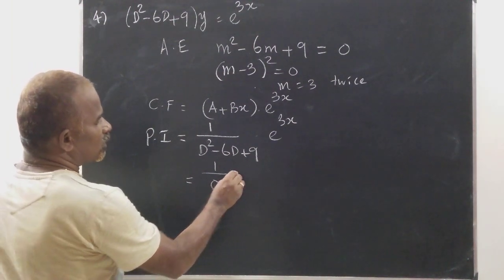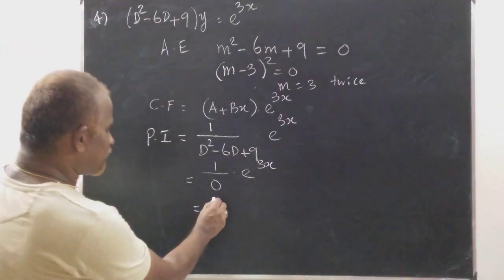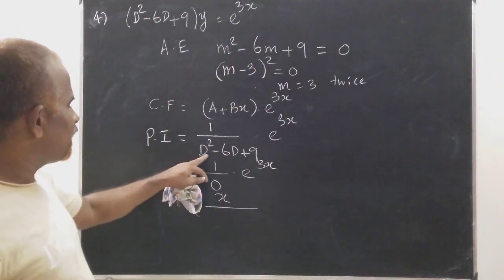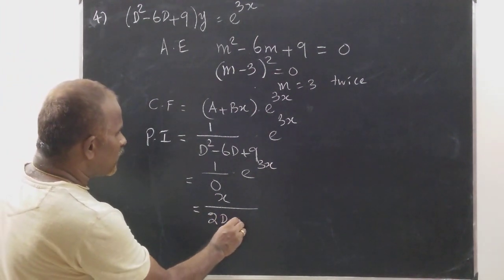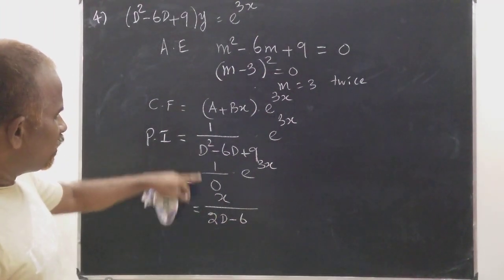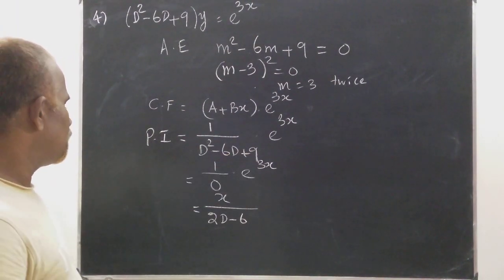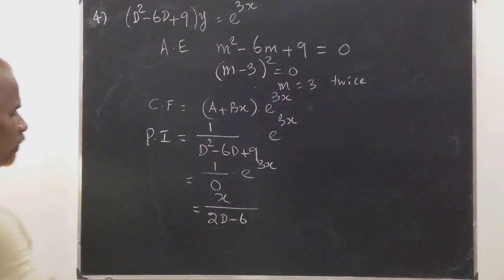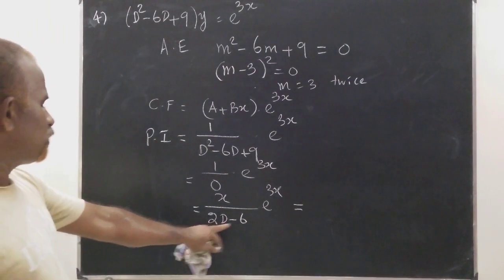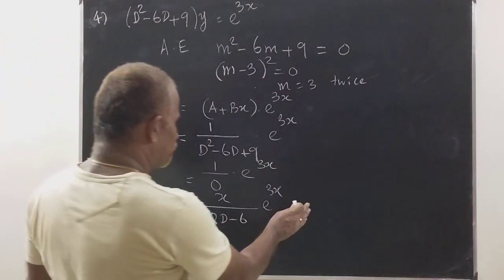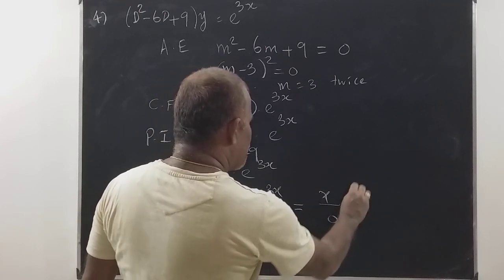Therefore we have to multiply by x and divide by the derivative of the denominator with respect to d, which is 2d minus 6. Differentiating 9 gives 0. So again you apply 6 minus 6, which is again 0.